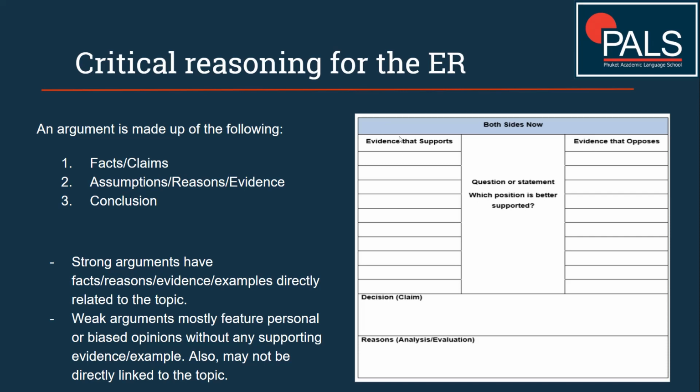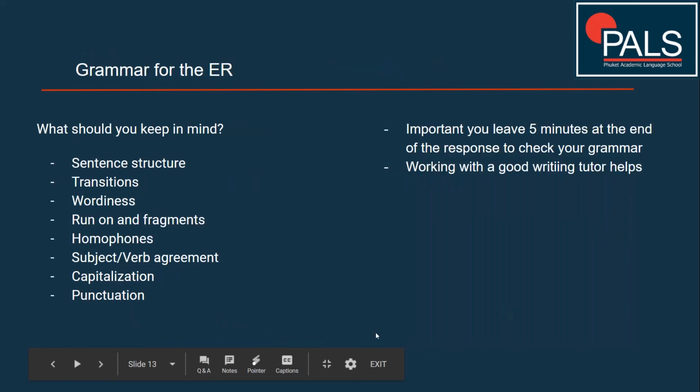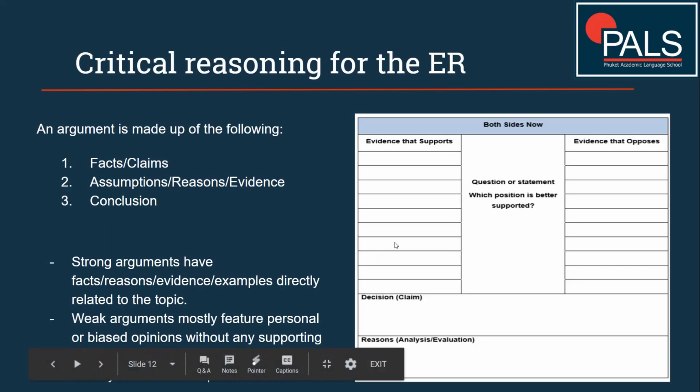Perhaps evidence from Article B is supported more by scientific evidence, or you might say that the evidence from Article B contains biased opinion or whatever. So make sure when you give your claim, your decision here, that not only do you say what your decision is, but you also say why that is the case.